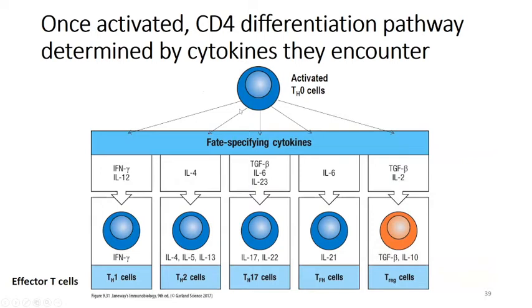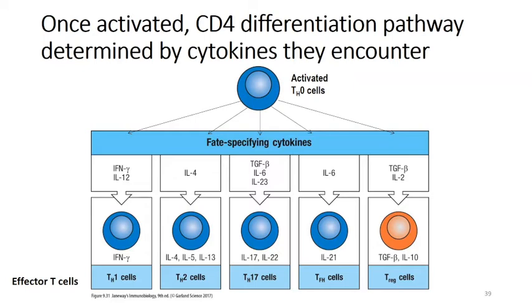So we actually start out with an activated T cell. Determining which way that T cell becomes is a little bit tricky, and it is dependent on things like the T cell.